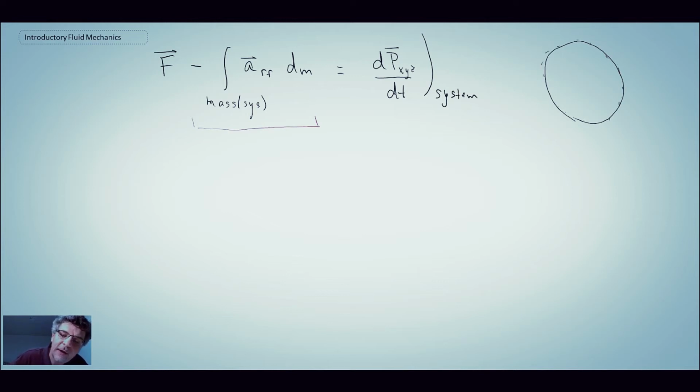And it turned out that at time t equals t0, the system and the control volume coincided. They were one and the same, and consequently we can make a comment about the forces acting on those two.